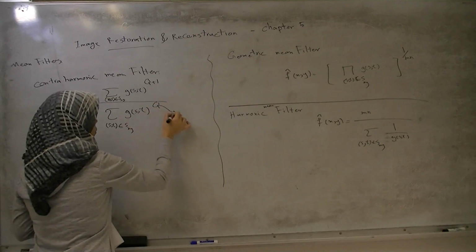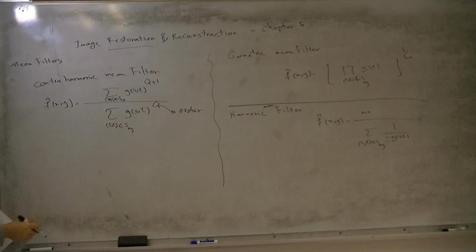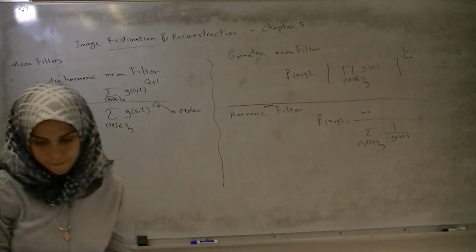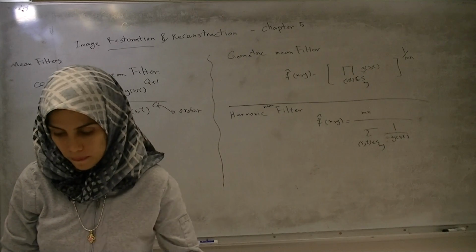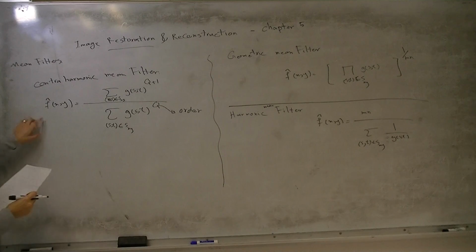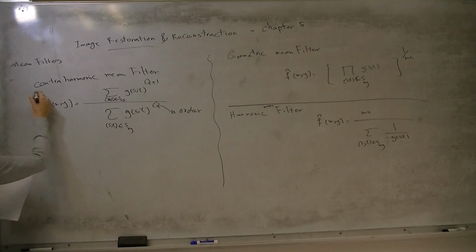We call Q the order of the contraharmonic mean filter. Is there any special value for the Q? Yes, I will talk about this. This one works well for reducing or visually eliminating the effects of salt and pepper noise.